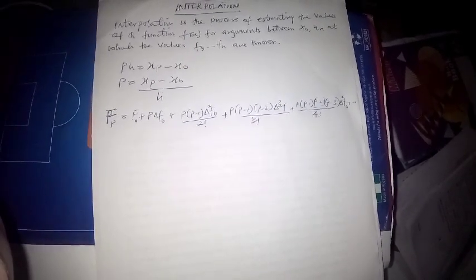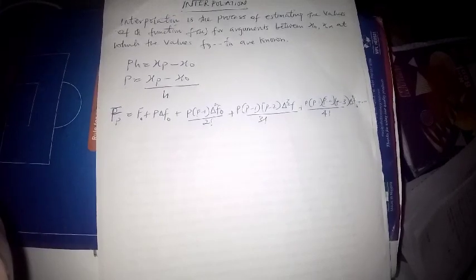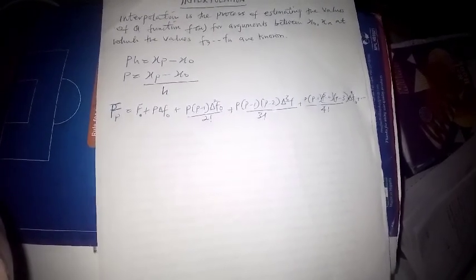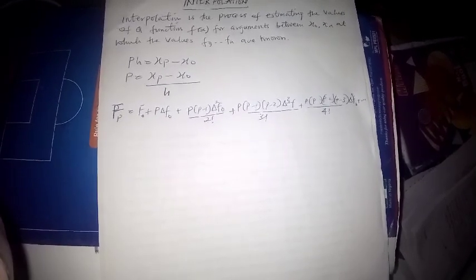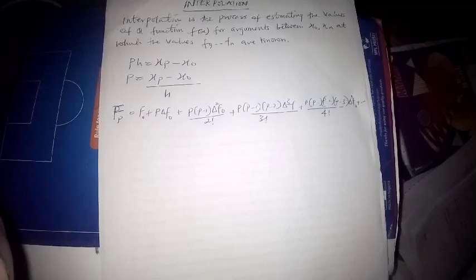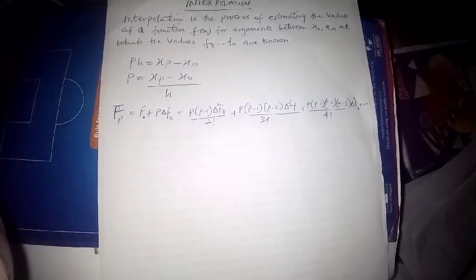Now your x naught is the value at the start of the range, because if you check the table, there's a possibility that the value is not actually on the table, but exists in between two values. So you take the upper value as your x naught.